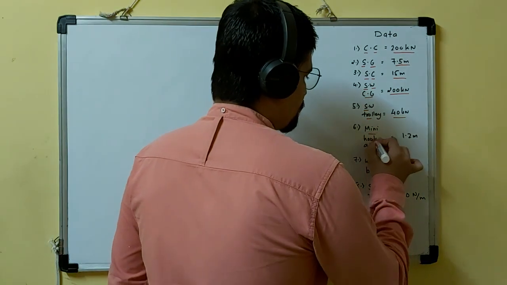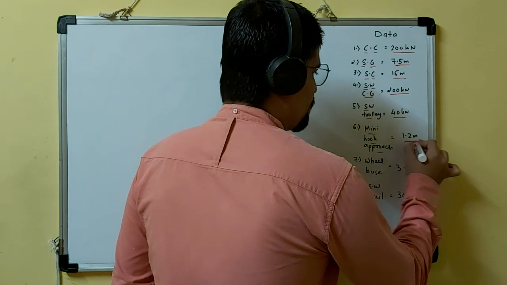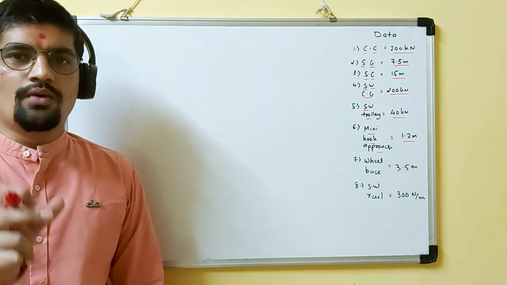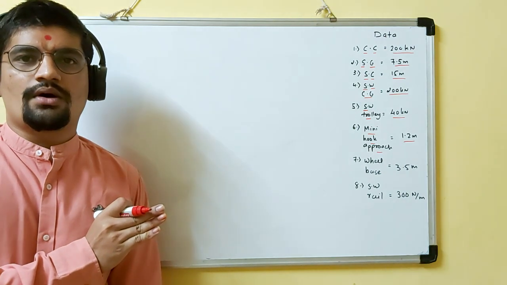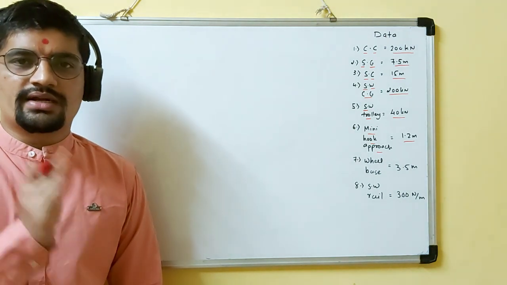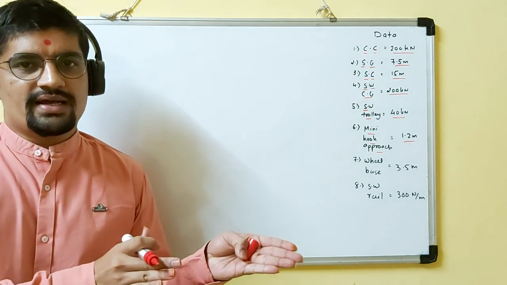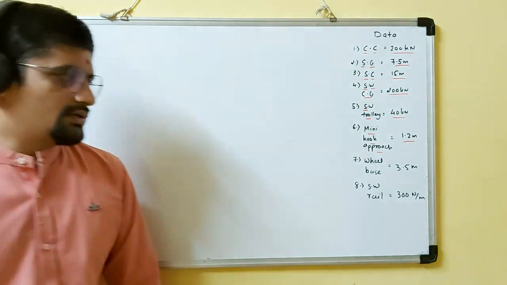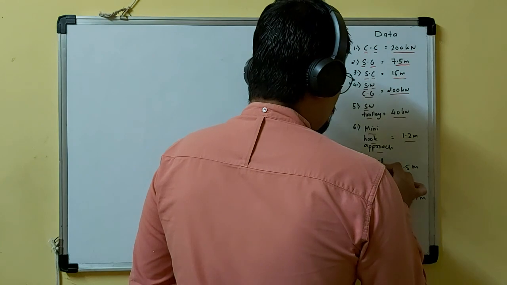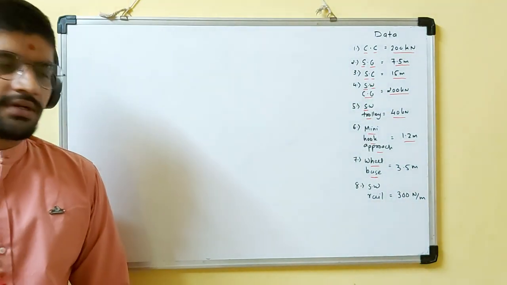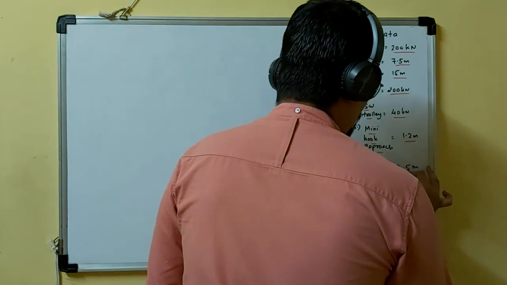Minimum hook approach is 1.2 meter. Now what is minimum hook approach? It means the distance of the hook from the two ends of the crane girder. Any one you can select, either from the left direction or from the right direction. Wheelbase means the distance between two wheels of the crane girder, and it is 3.5 meter.